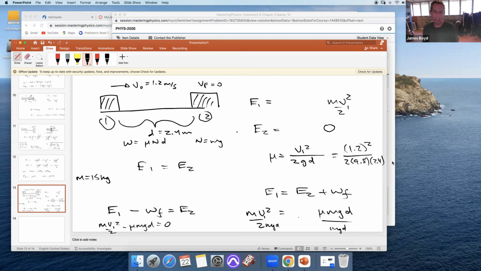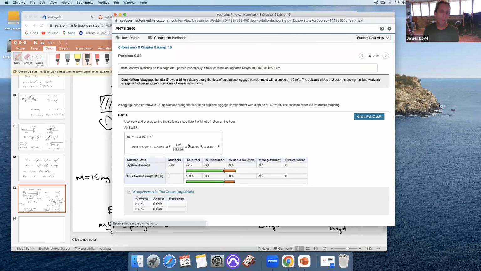That gives us 1.2 times 1.2 divided by 2 times 9.8 times 2.4, which is 0.031. That is what our mu is equal to.